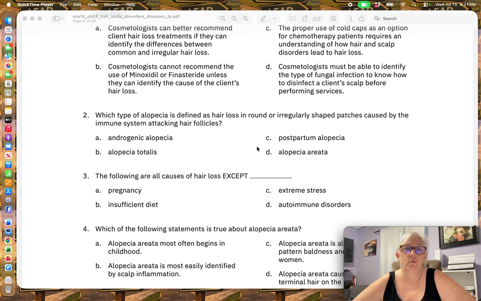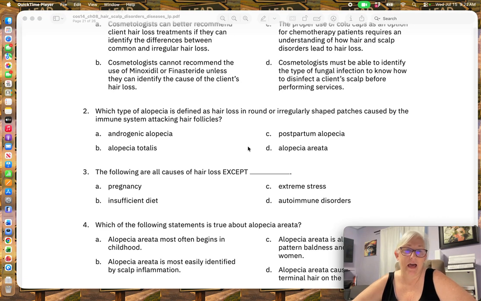Number 2, which type of alopecia is defined as hair loss in round or irregular shaped patches caused by the immune system attacking hair follicles? All right, so out of these, we've got androgenic alopecia, alopecia totalis, postpartum alopecia, and alopecia areata. Now, I do believe the answer is alopecia areata.